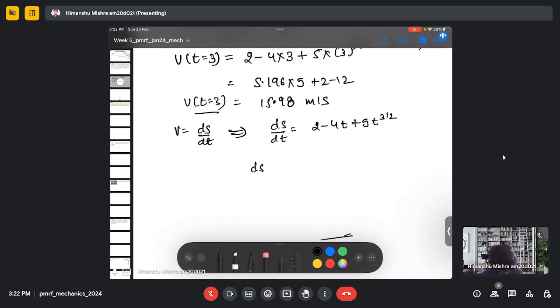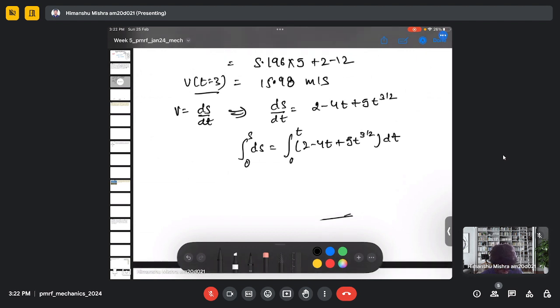So ds will be integrated with dt from 0 to t and the distance from 0 to s, or s naught.